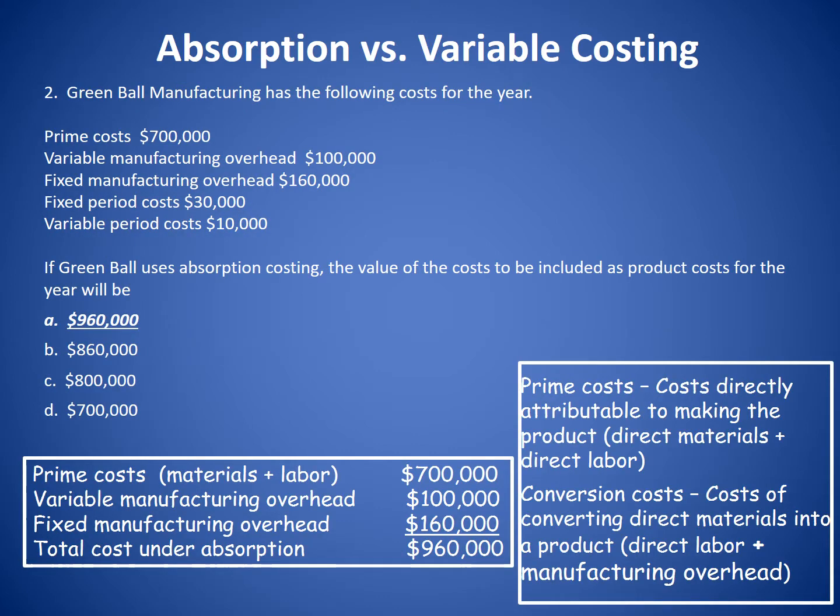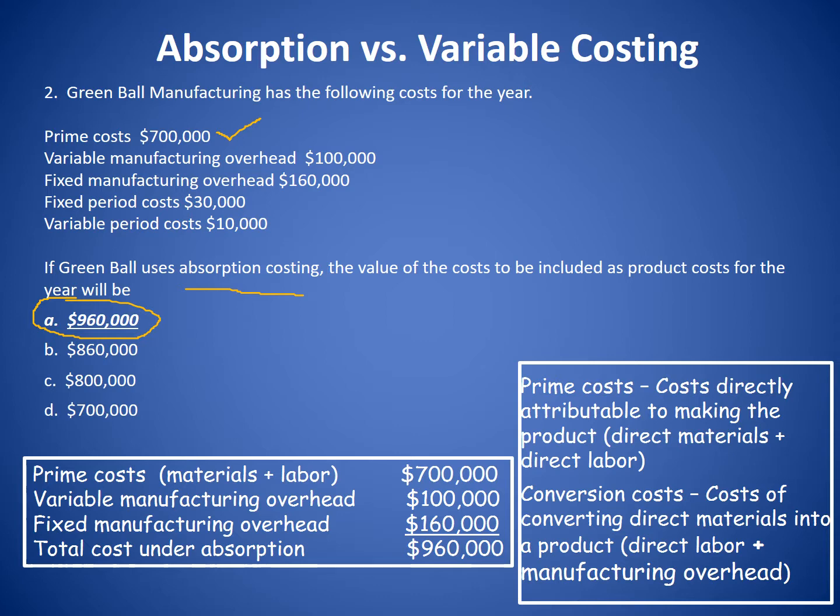Let's take a look at the answer to number 2. If Greenball uses absorption costing, the value of the cost to be included as product cost, in other words, those costs that will go into inventory, for the year will be, in this case, $960,000. And here's how we do the computation. First of all, we have to remember the term prime cost.